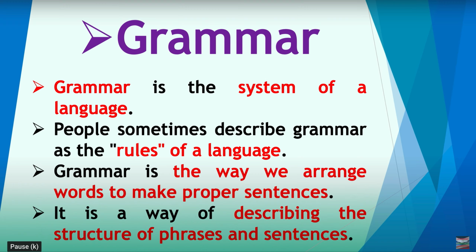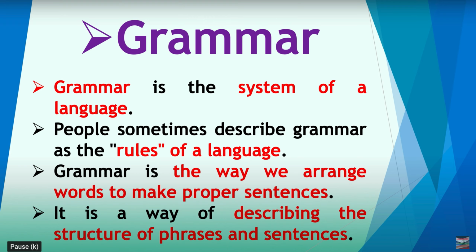Here we are going to discuss the philosophical part of grammar, not in the traditional sense that we have studied in grammar books. So let us come to our first point. The first point is grammar is the system of a language.